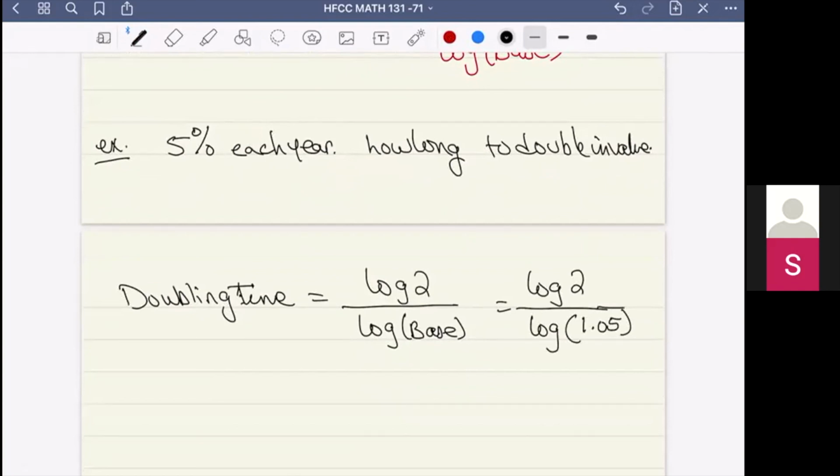We'll put that in the calculator and find out. What's log of 2 divided by log of 1.05? It will be 14.2. So after 14.2 years, my investment would double.